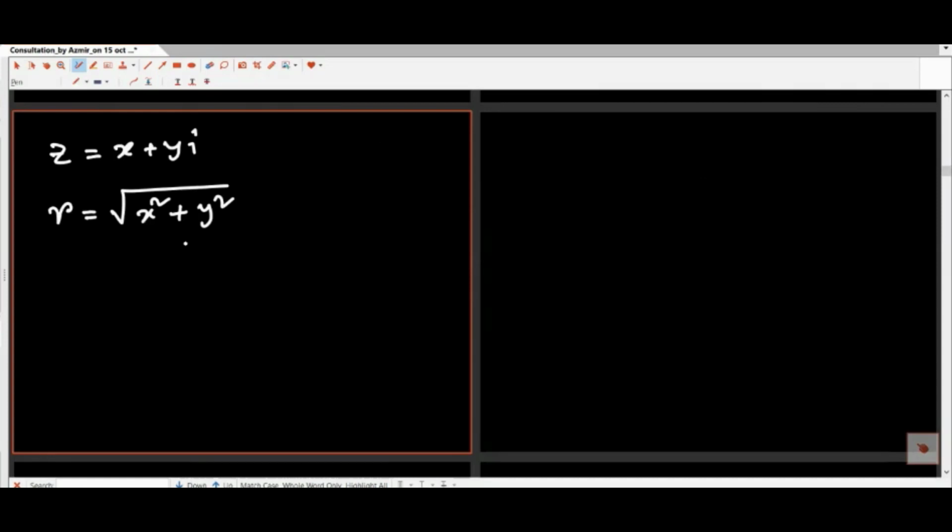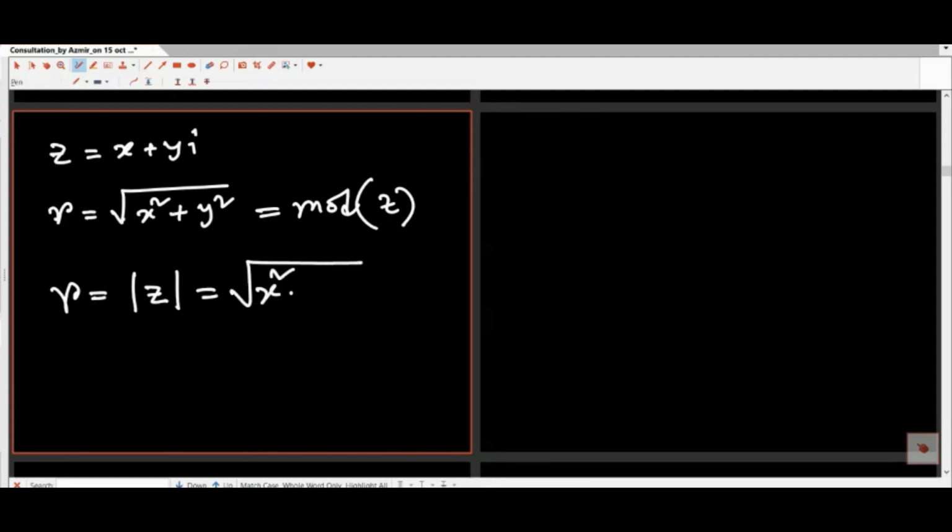Since this is the modulus of z, we can also think of it as the modulus of the complex number z. So R equals |z|. That means the modulus of z also equals root over x squared plus y squared.